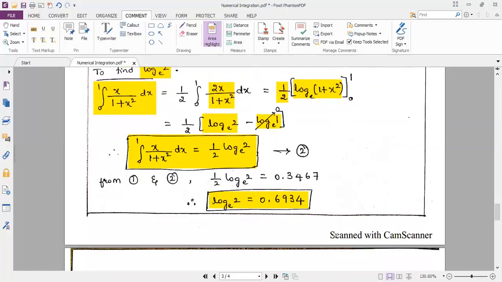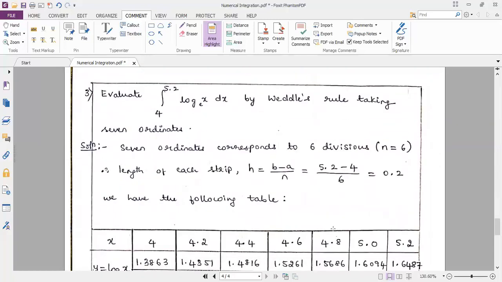Now we'll see a last problem based on Weddle's rule. Evaluate integral 4 to 5.2 log x to the base e dx by Weddle's rule, taking 7 ordinates. 7 ordinates corresponds to 6 equal divisions. So n is equal to 6 is given for us.